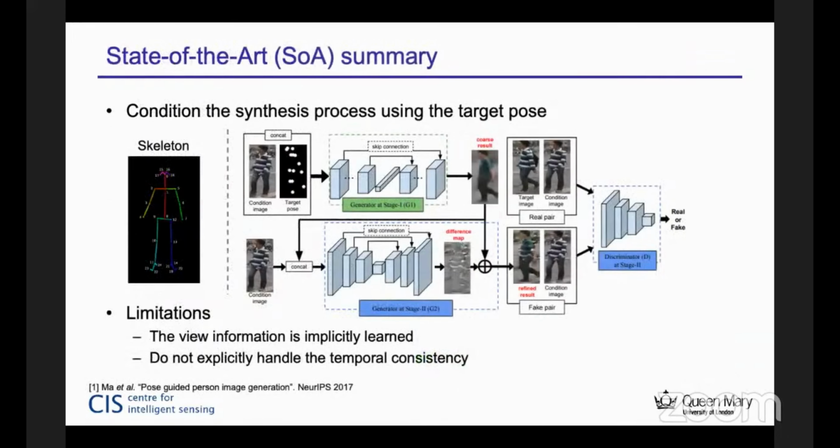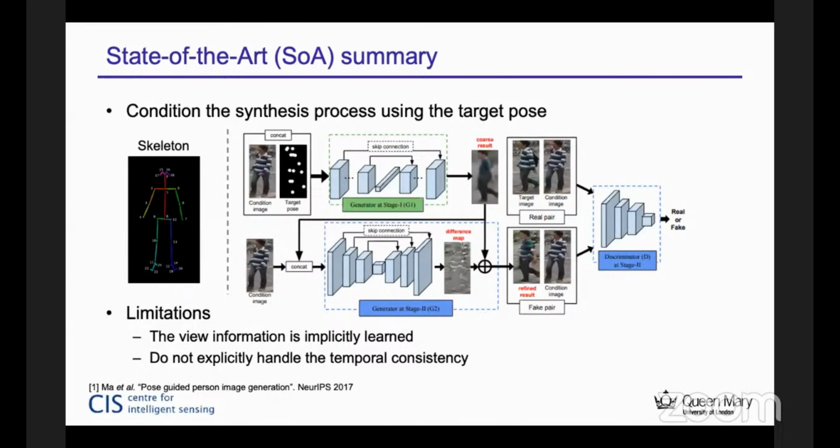Our problem is related to pose-guided image synthesis, where, given an image of a person in a certain pose, along with the target pose, we want to synthesize the same person as seen from the target pose. One limitation of this problem is that the view information is implicitly learned.